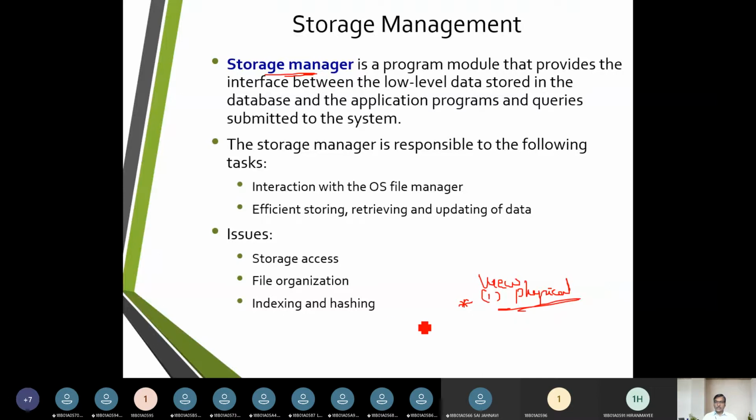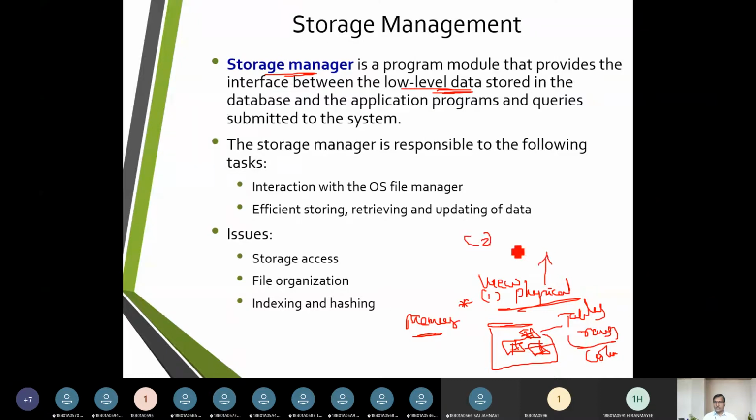At that level we have memory, and in that memory we have a database, and the database is going to be stored in the form of rows and columns. So tables are stored in the form of rows and columns. It is a very low level primitive, and it is going to have a higher level instruction with the second level, that is the logical view, and thereby it goes to the third view, the user view.